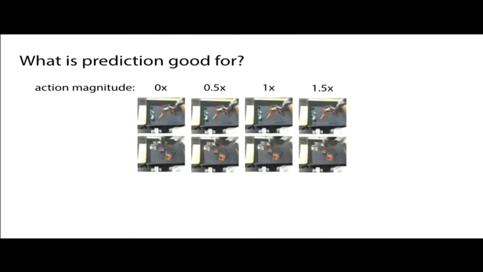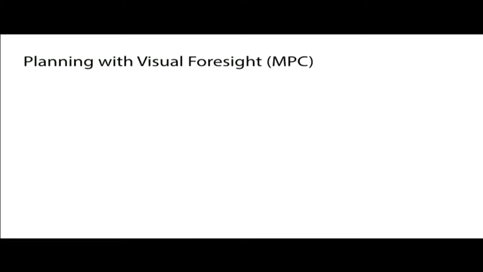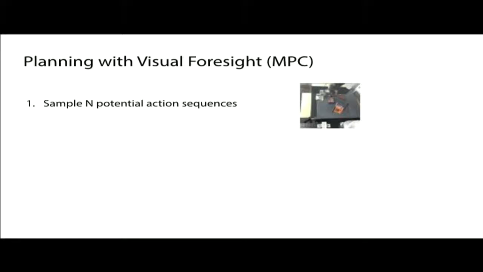Okay, so how can you actually use this? As we talked about before in model-based learning, we can plan with this model using model predictive control. Say this is your first image. The way that we're going to do this, we're going to sample n potential action sequences, like maybe these 2 actions. And then predict the future for each action sequence.